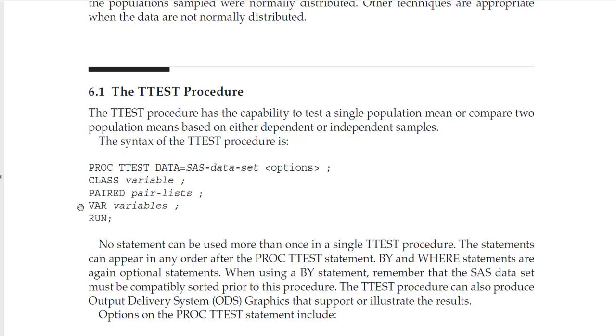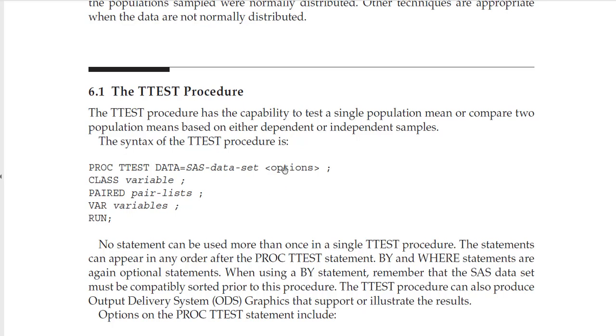I omitted in the list here the BY and WHERE statements, but they are of course again optional statements. Again, just remember with the BY statement that you have a compatible sort having previously been done. Now we're never going to use all three of these statements in a single t-test procedure, but we'll look at some selections where only one or two of those statements are used together.